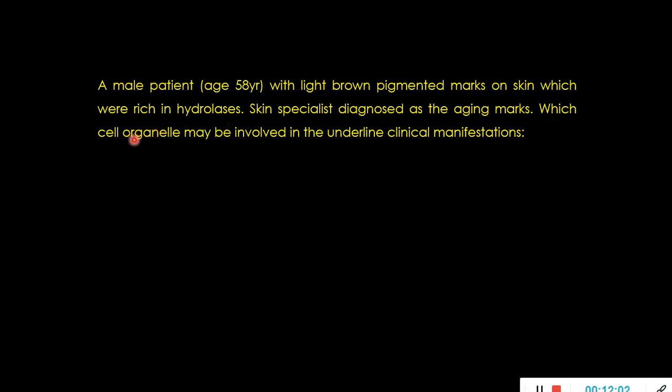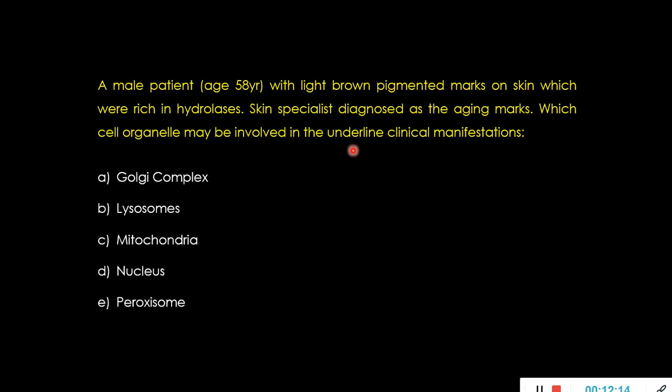Which cell organelle can be involved because of the brown pigmented marks on the skin? Number one, Golgi complex. Number two, lysosomes, mitochondria, nucleus, or peroxisomes. Obviously, the answer is lysosome, because lysosomes are involved in the brown colored pigmented bodies on the skin.